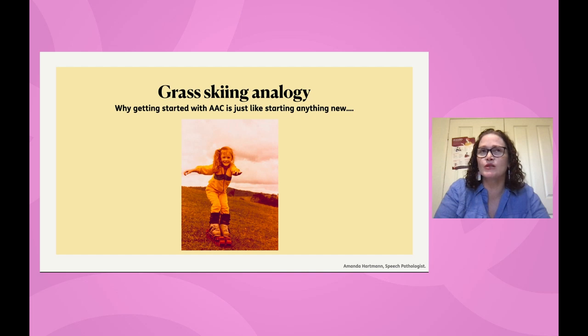My dad always thought it would be great if the kids could learn to ski, because I grew up skiing in New Zealand. So I like to use my experience learning to grass ski as an analogy for anybody who's starting to learn something new, and in particular, it provides a good analogy for getting started with AAC.